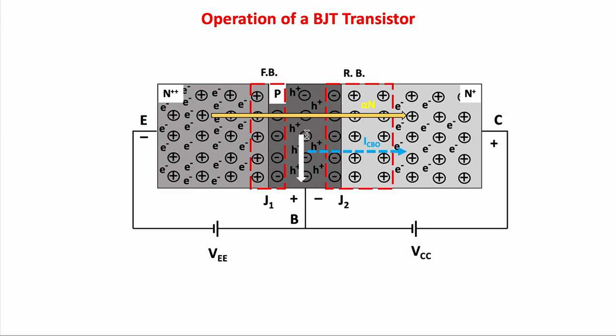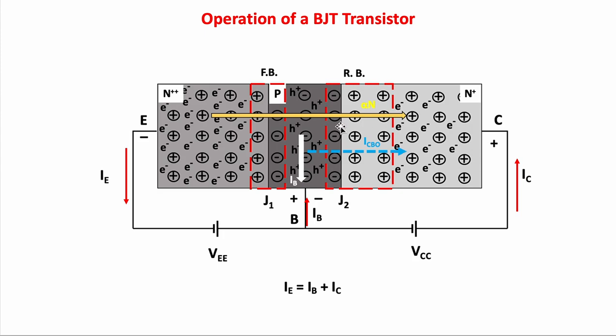So when they enter the base region, they actually become minority carriers there. Since minority carriers can move through the reverse biased junction, as we saw in the ICBO case, these carriers continue to the collector and cross junction 2 easily.